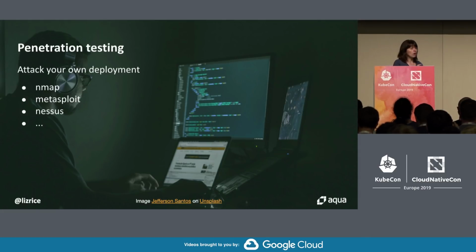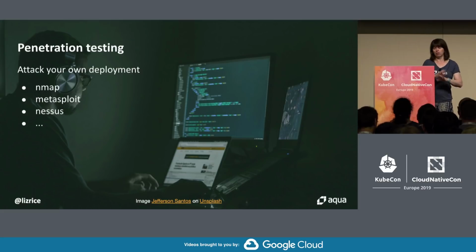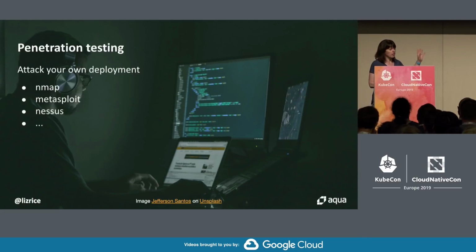There's a whole set of tools that both hackers and pen testers will use to explore what's possible, to scan what ports are available and then run various different types of tests to see what you can do in a deployment of any kind, not just Kubernetes. This is a set of just some of the tools that are available.